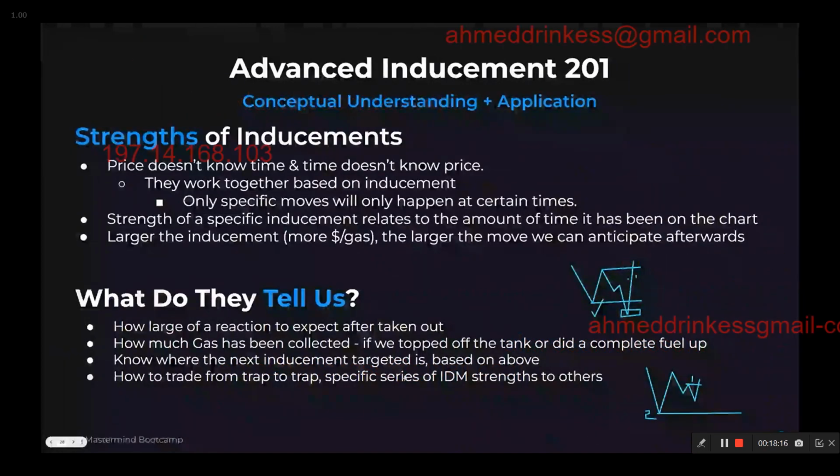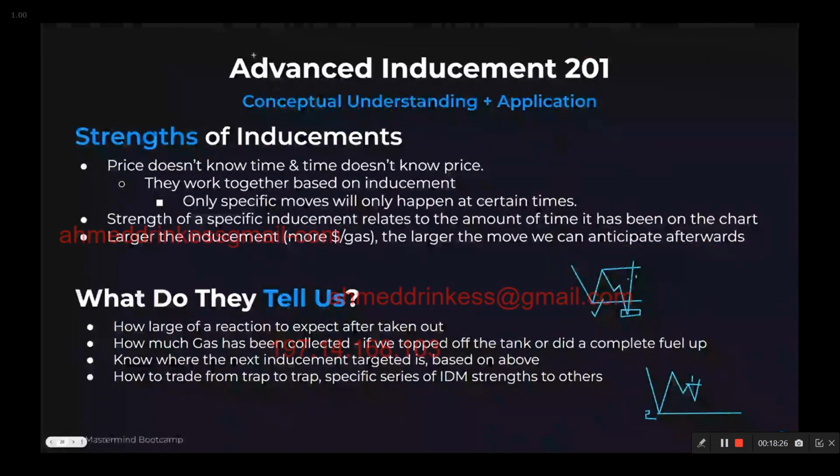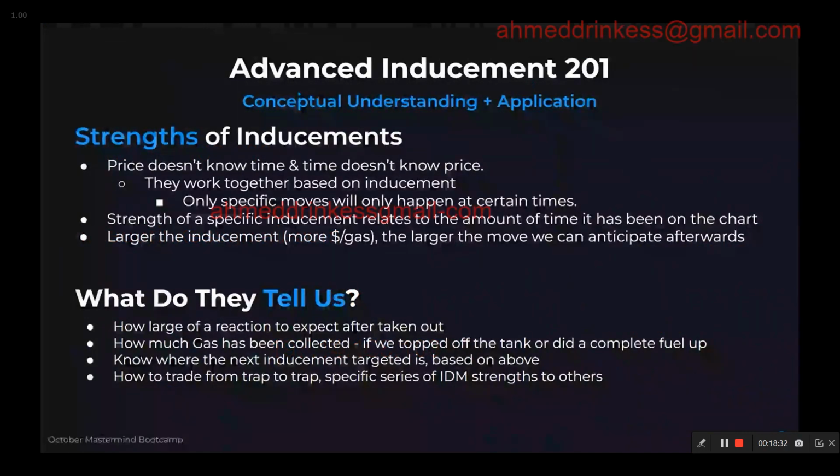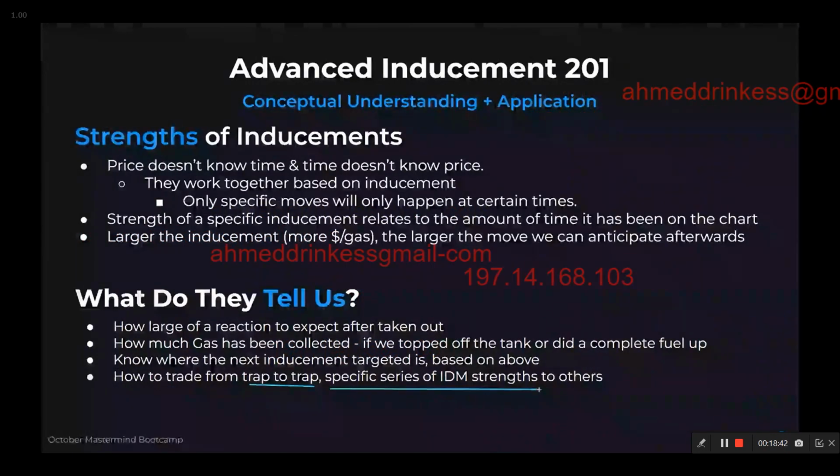So wherever the strength of your inducement occurs, that tells you where price needs to go. You will be learning how to trade from trap to trap, aka structural break to structural break, based on a specific series of inducement strengths to other inducement strengths.